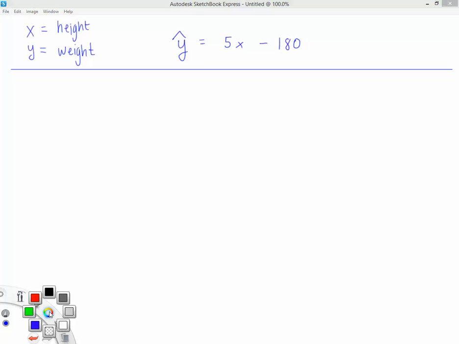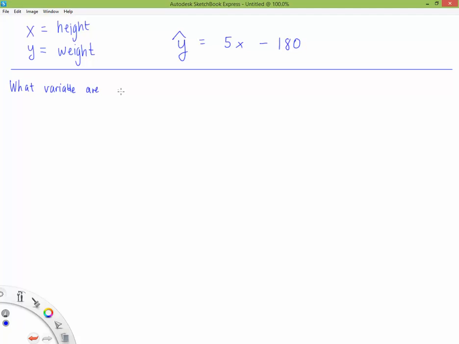I'm going to put up a few rhetorical questions just to re-emphasize the points here. What variable are we trying to predict? We're trying to predict y, which is the weight.